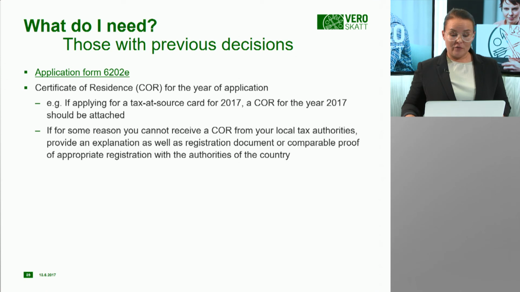If for some reason you cannot receive the certificate of residence from your local tax authorities, provide an explanation as well as the registration document or comparable proof of appropriate registration with the authorities of your country.